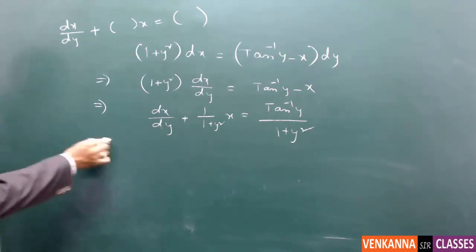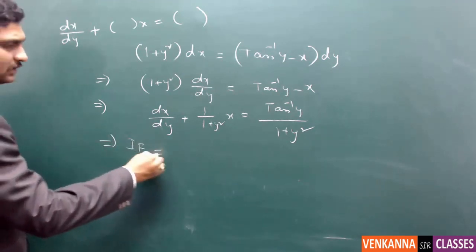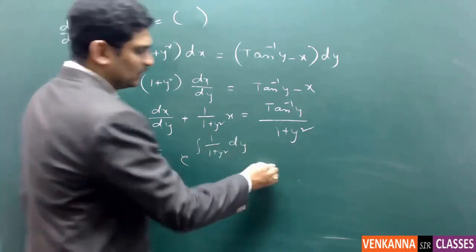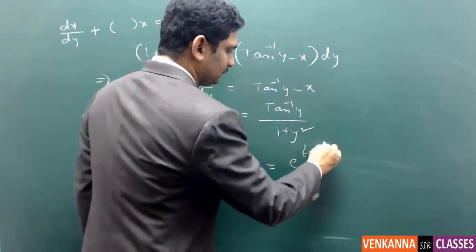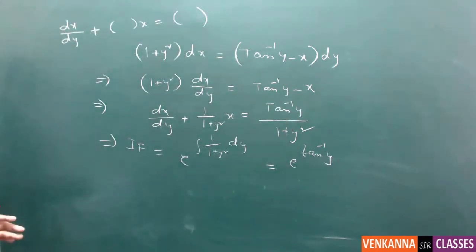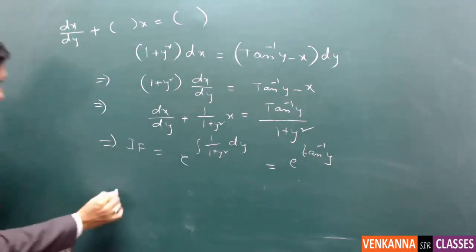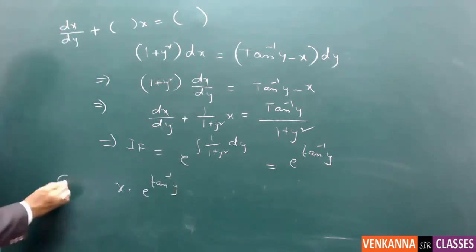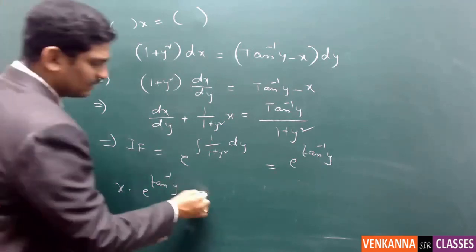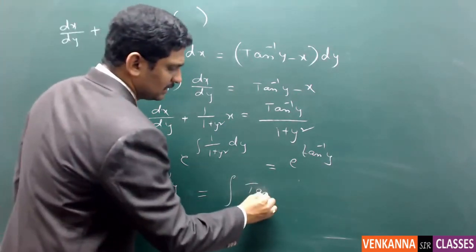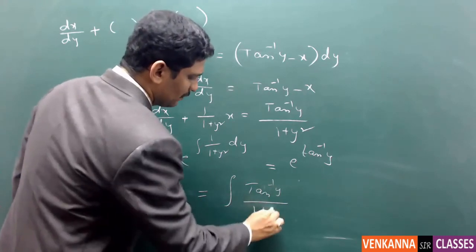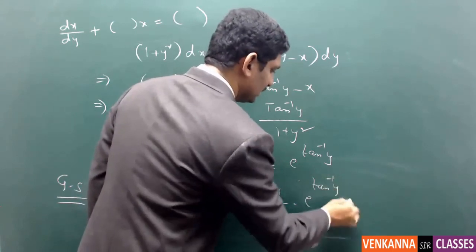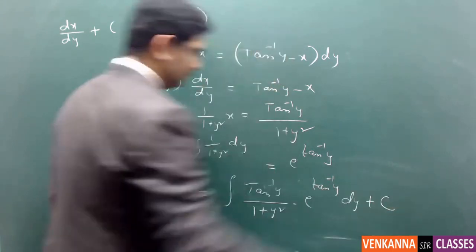Fine. So if you go for the integrating factor, e power integral 1 by 1 plus y square dy, so e power tan inverse y. As per the general solution formula, x into integrating factor is equal to integral of q, that means tan inverse y by 1 plus y square into e power tan inverse y dy plus c.